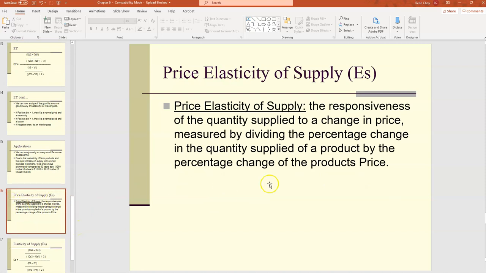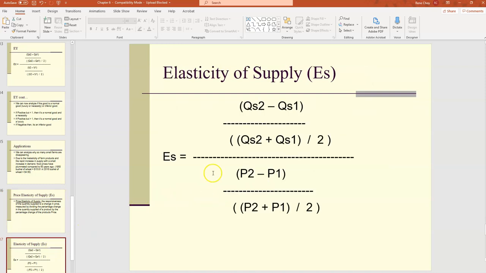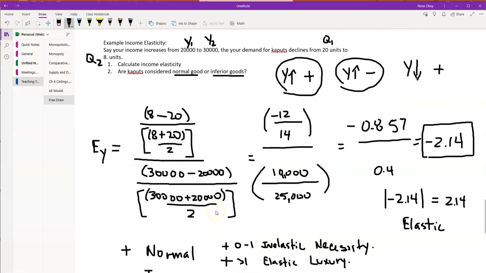All right, let's talk about elasticity of supply. Elasticity of supply is the responsiveness of quantity supplied to a change in price. It's measured by dividing the percentage change in quantity supplied by the percentage change in price. And this is the formula. Now, I don't really want to bother you, by the way, with another example because, again, it's exactly the same and we have already done three.